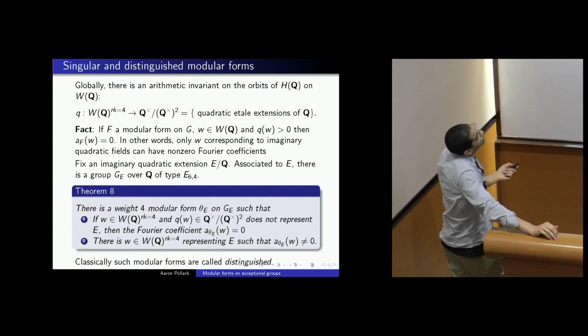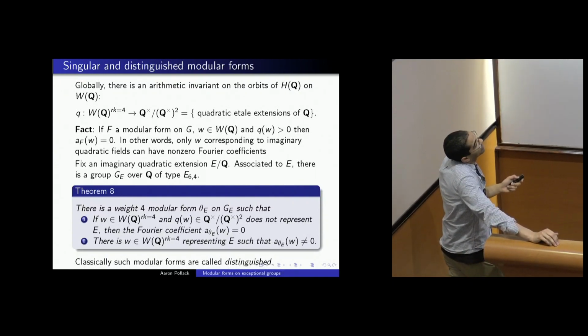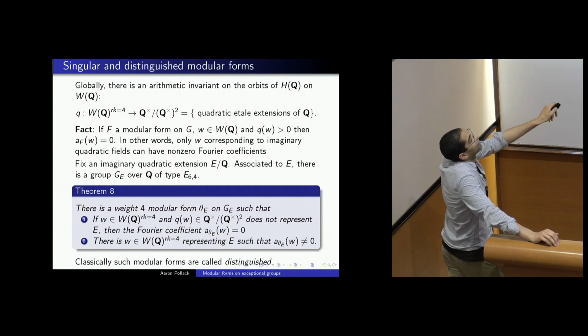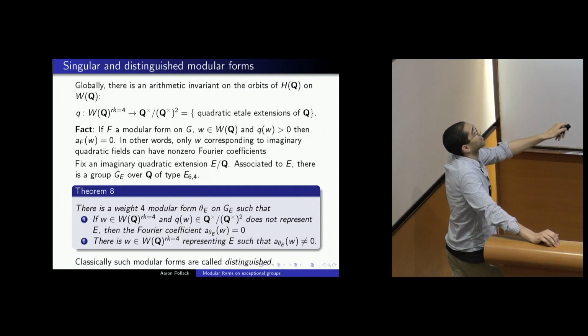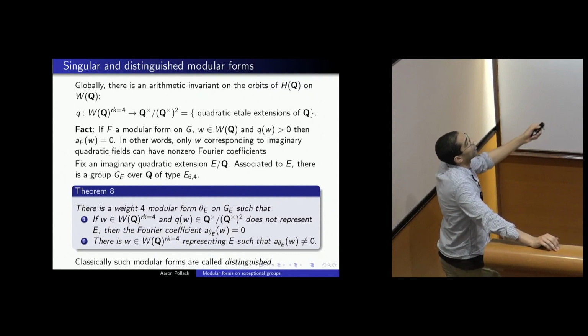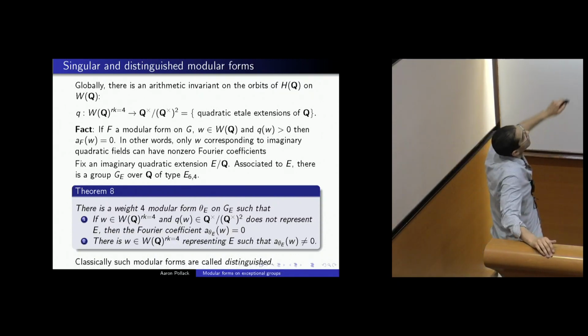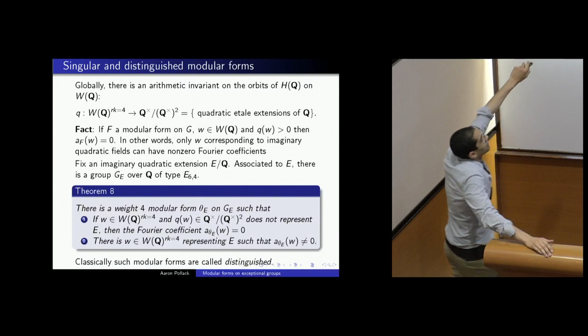So fix an imaginary quadratic field extension of Q, call it E, and associated to E, you can define a group of type E6 over Q, so that's a group I'm calling GE. And so here's the result.